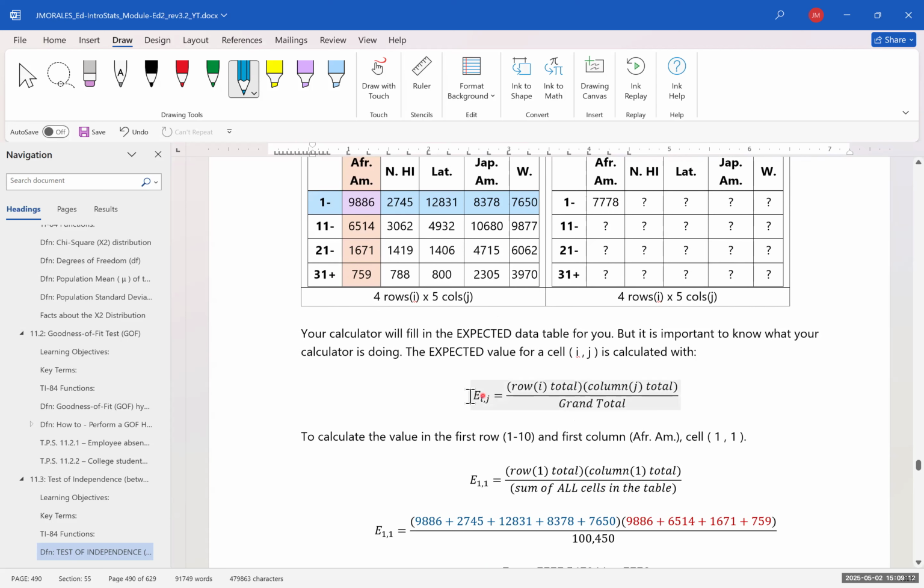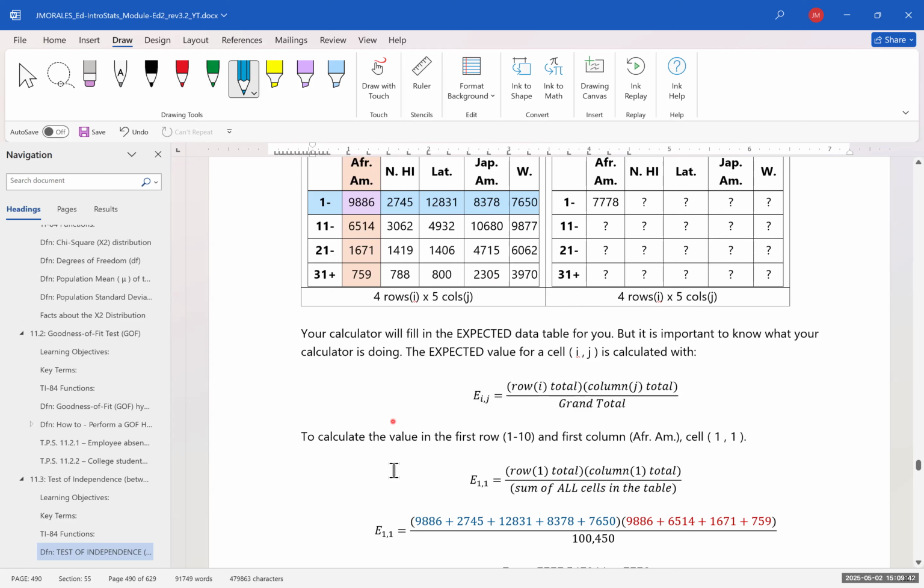To calculate the expected value in a certain row i, column j, so this would be row 1, column 1, like E11, you take the total of the row, add up all of the numbers in the row, multiply that by the total in the column, and then divide that by the grand total, the total of all of these numbers.